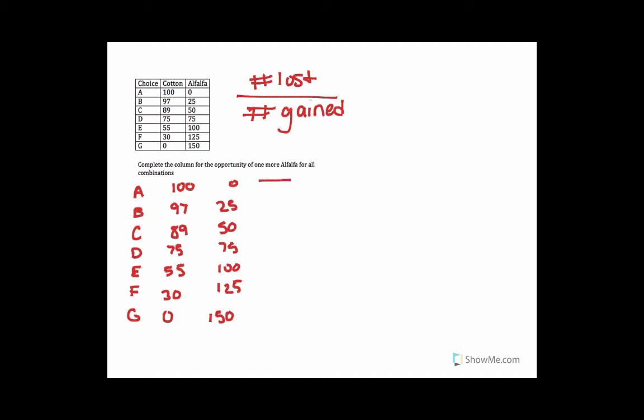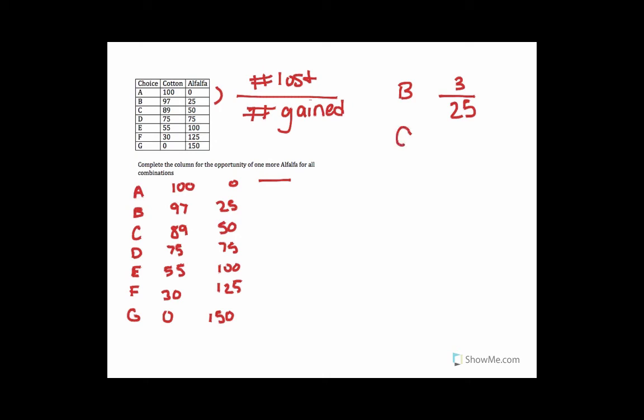But for column B, the number lost, you'd look at cotton, and 100 minus 97 is 3. It'd be 3 over 0 to 25, so it'd be 25. So the opportunity cost for B would be 3 over 25 cotton for 1 alfalfa.